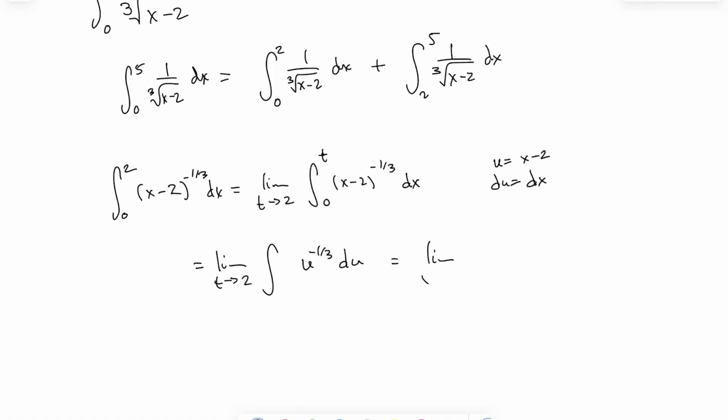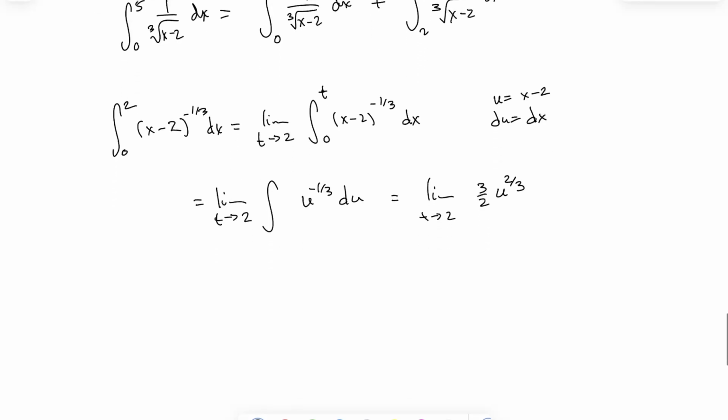Still with the lim out front. t goes to 2, 3/2 u to the 2/3, and then we need to plug the values in. I will first replace the original variable of x. So this says lim t goes to 2, 3/2, instead of u, it's x minus 2, to the 2/3, and then we're going to plug in 0 and t.